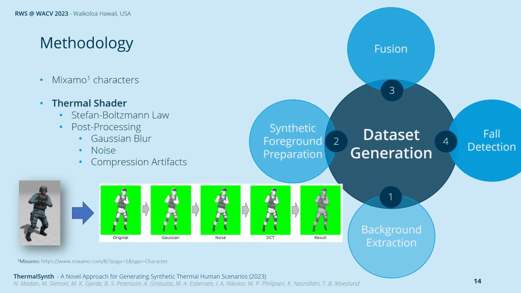Now coming to the most interesting part of this work, we modeled the synthetic foreground generation process in the following way. We decided to choose several different Mixamo characters from the Mixamo platform and chose them in the full animations in order to have the most realistic result achieved.